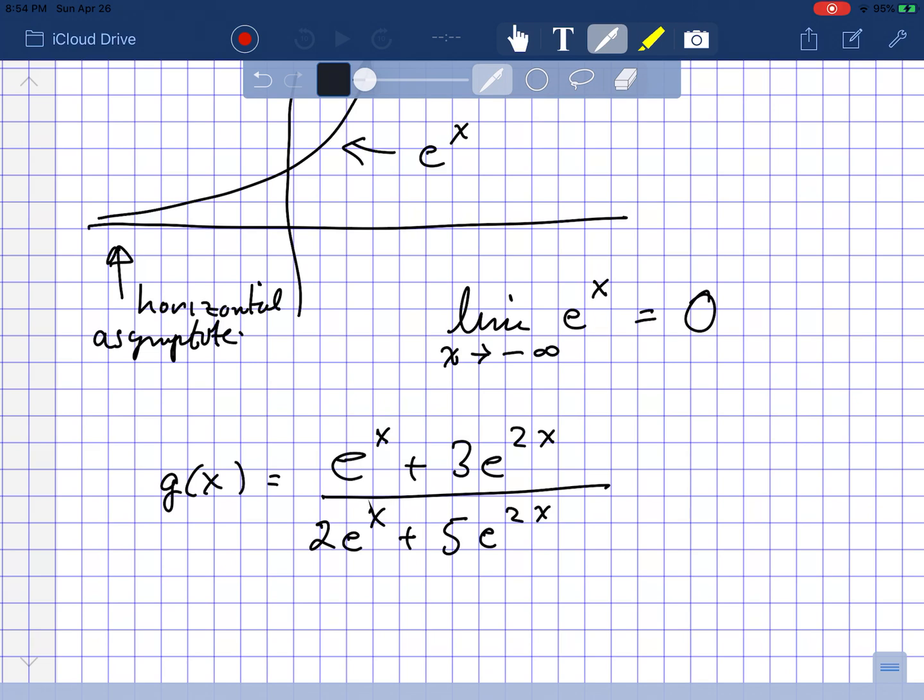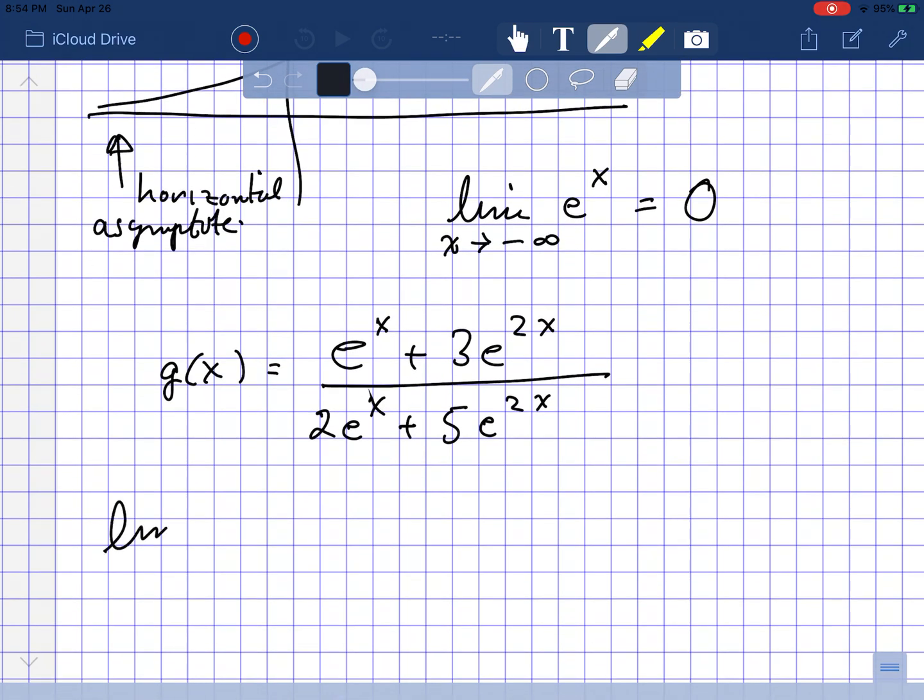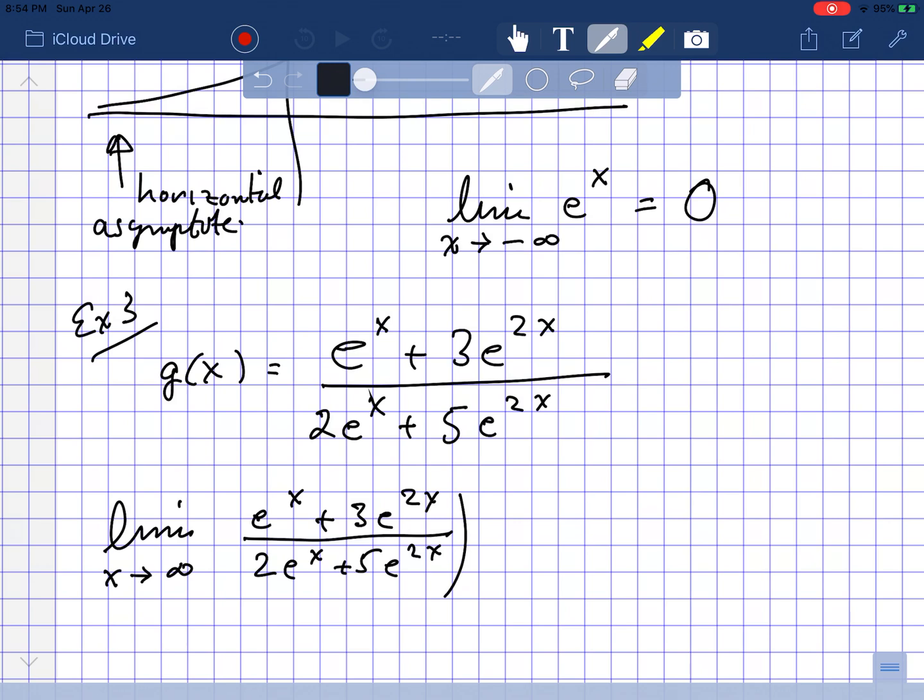Okay? And I want to look at the limit. So this is example 3. I want to look at the limit as x goes to infinity of this ratio that we wrote down. Okay.